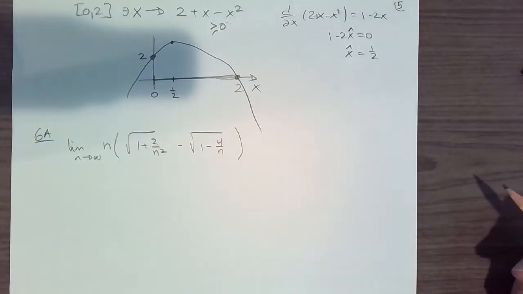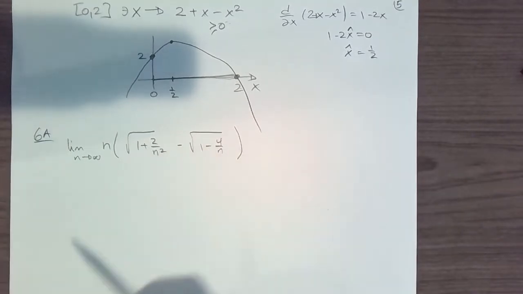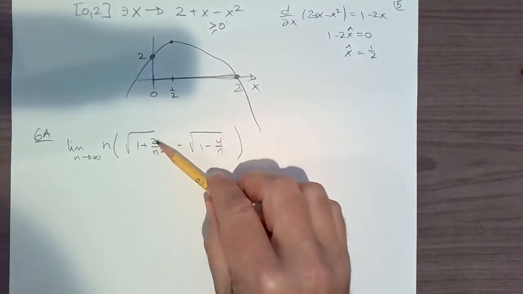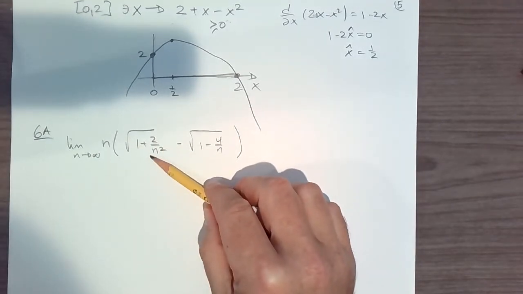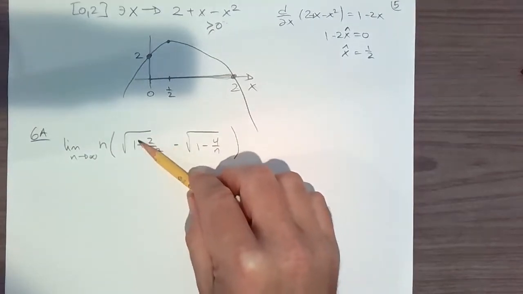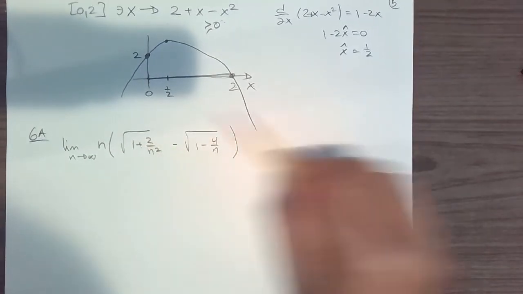But so the situation we're facing is what? If I look at the individual terms, I have these 2 square roots. Individually, 2 divided by n squared is going to go to 0, so this first one is going to go to root of 1, which is 1.